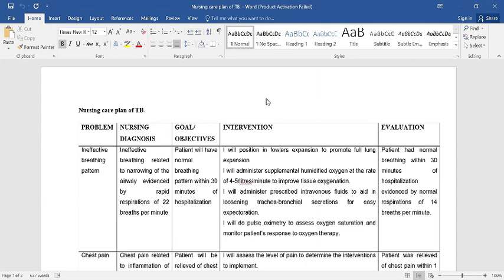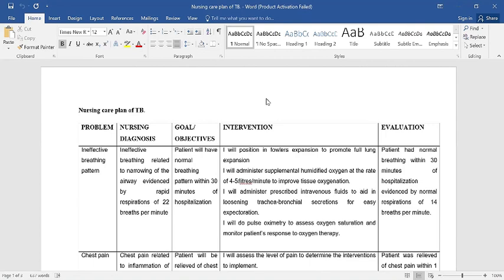I will position the patient in semi-Fowler's position to promote full lung expansion. So we're going to put the patient in either semi-Fowler's or Fowler's position to promote full lung expansion. Number 2, I will administer supplemental humidified oxygen at the rate of 4 to 5 liters per minute to improve tissue oxygenation.